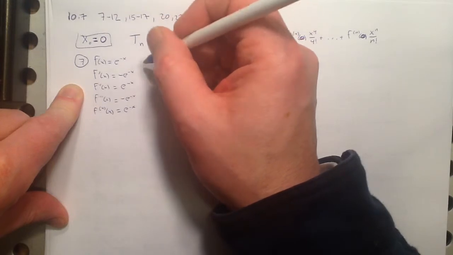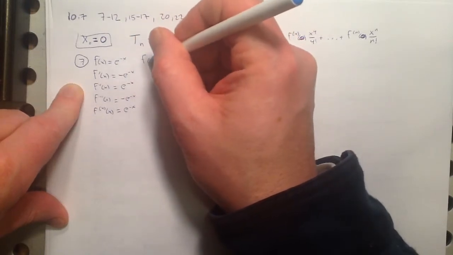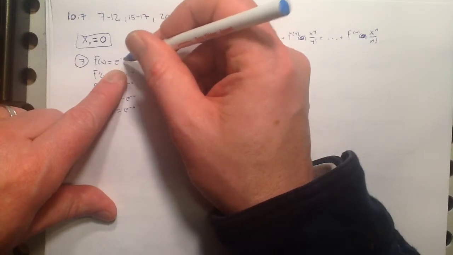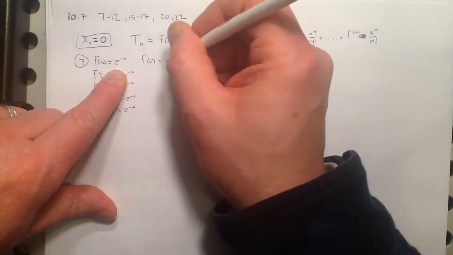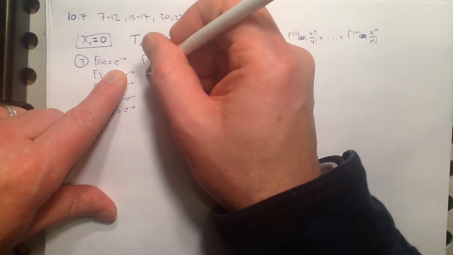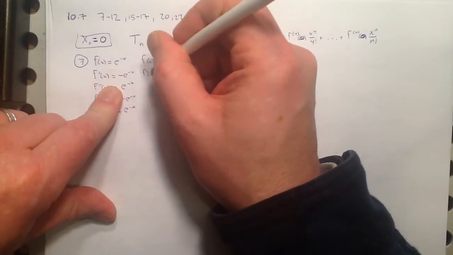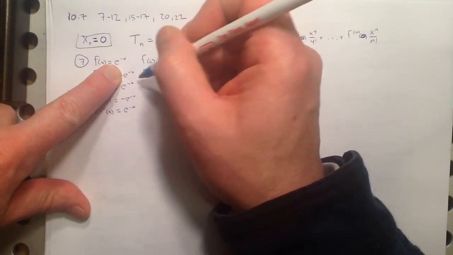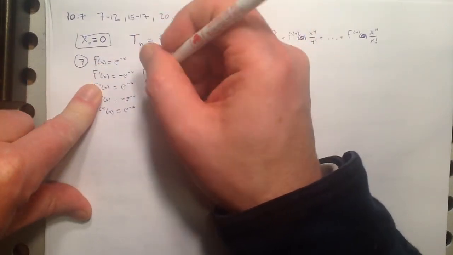So if you want to, you can add to your table here. So what's f of 0? F of 0 is what you get when you plug 0 into this. That's e to the 0 power, which is 1. And f prime of 0 would be, well, e to the 0 is still 1, but I have a negative here, so that's negative 1.